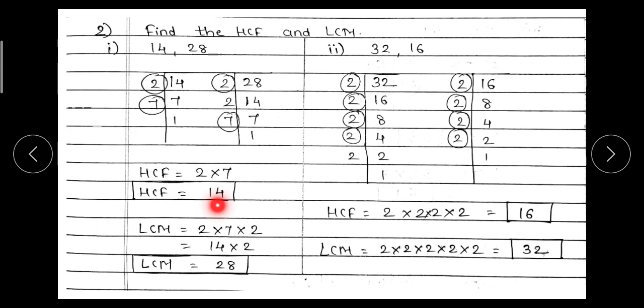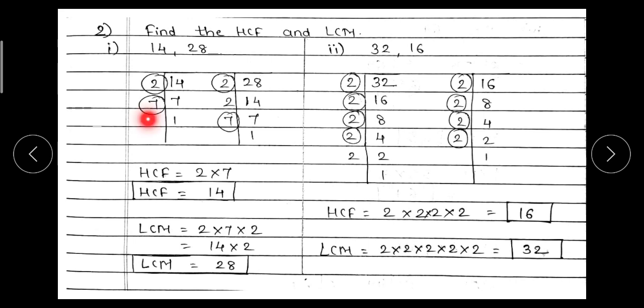Now calculate LCM. How to calculate LCM? First, take out common numbers and then uncommon numbers. So the common numbers we know, 2 and 7. So 2 and 7 we have already written. What is the uncommon number?